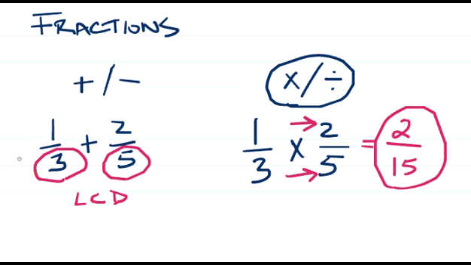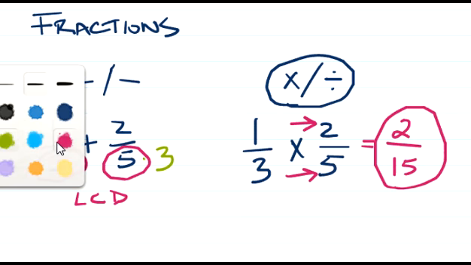So what you have to do is multiply 5 over here to get 15, and over here you have to multiply a 3. So the LCD is 5 times 3, which is 15. Now in fractions, if you multiply the bottom of a fraction by a number, you have to make sure you multiply the top of the fraction by the same number, otherwise you broke the rules.